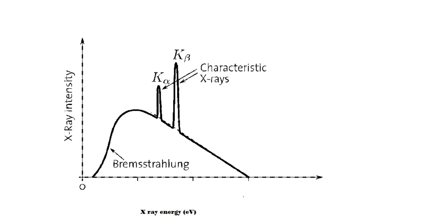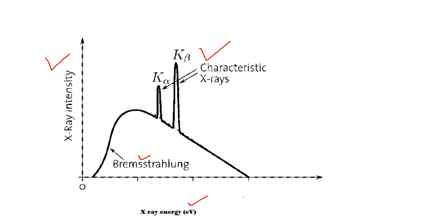So this is the graph between X-ray intensity produced and the X-ray energy. Both types of X-rays are produced from the same target material, that is continuous, the Bremsstrahlung, which I discussed in the last video lecture, and the characteristic X-rays.